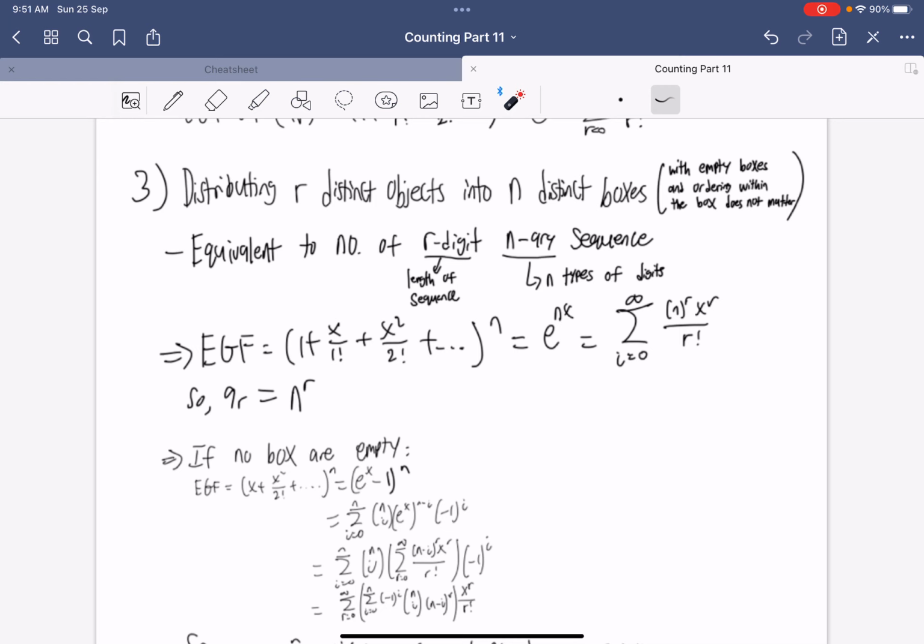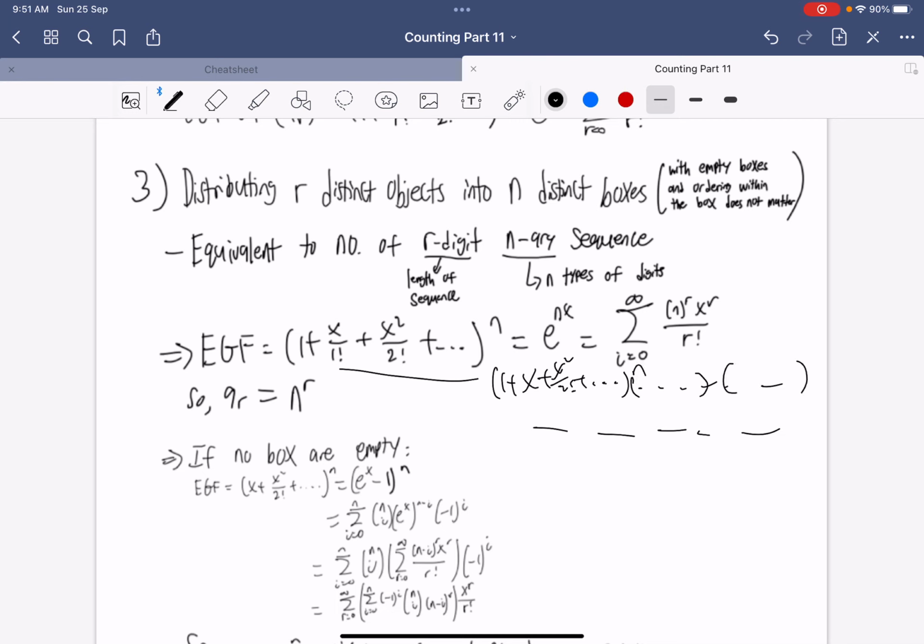Let me repeat what I've said. Imagine you have r digits now. Then you can repeat your n types of digits infinitely many times. So each type of digit is 1 plus x plus x squared over 2 factorial plus all the way. And you repeat this n times, because you have n types of digit.